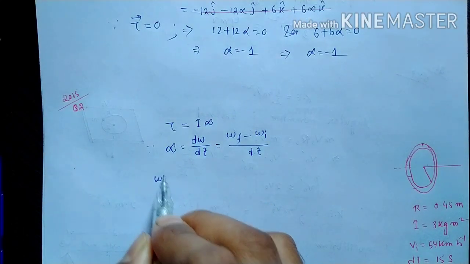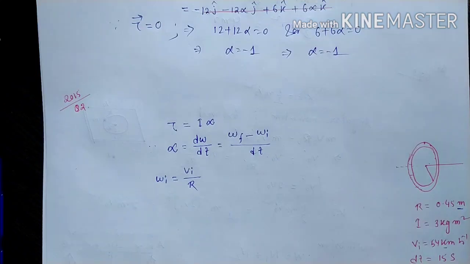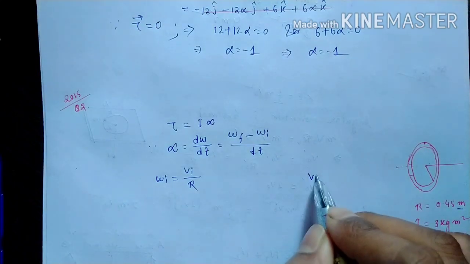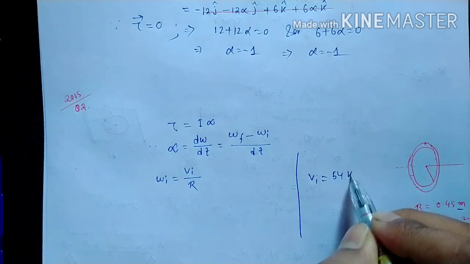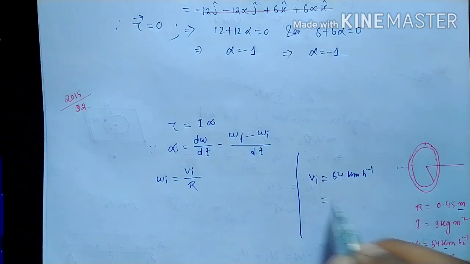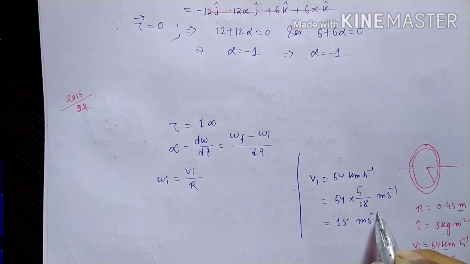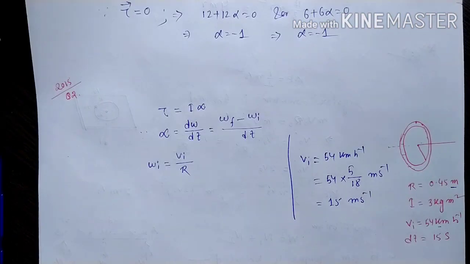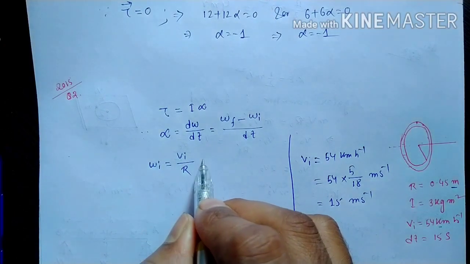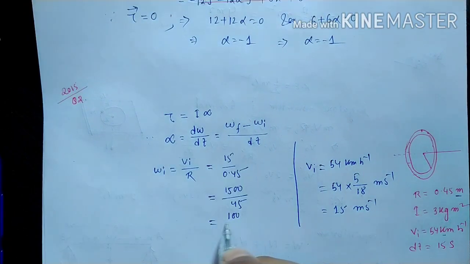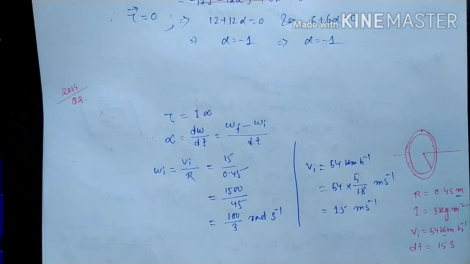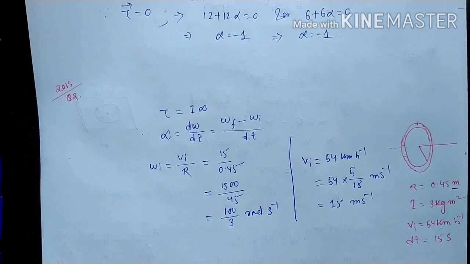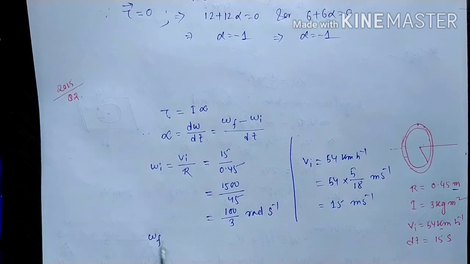Omega I, initial angular velocity, taking SI units. So VI is 54 kilometer per hour. We have to convert it into meter per second. Answer 15 meter per second. Clear? Now step by step, omega I becomes 100 by 3 radian per second. And what is the value of omega F?